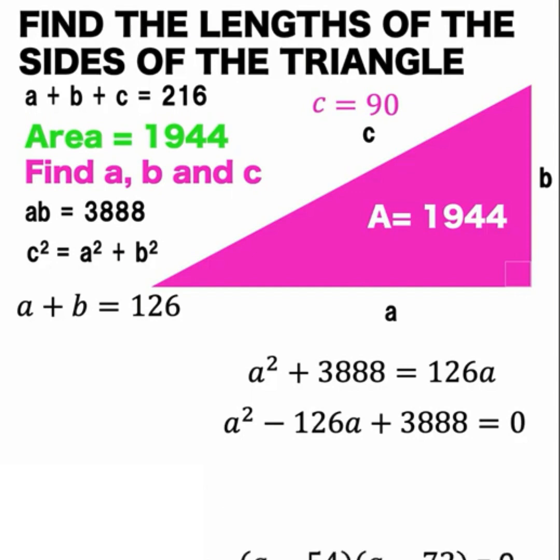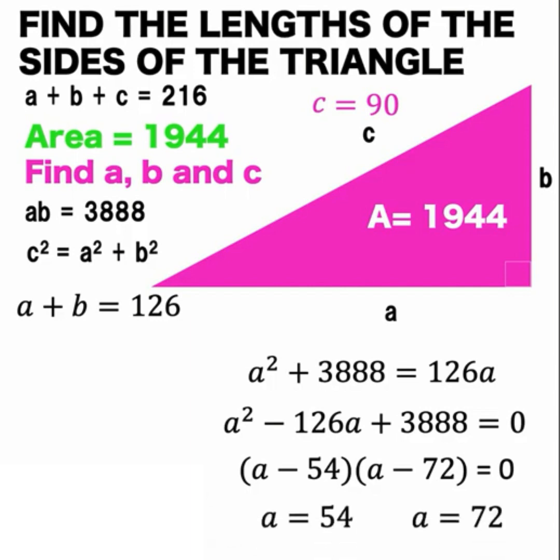Luckily, this equation is factorable as the quantity A minus 54 times the quantity A minus 72. And so A is equal to 54, or A is equal to 72.